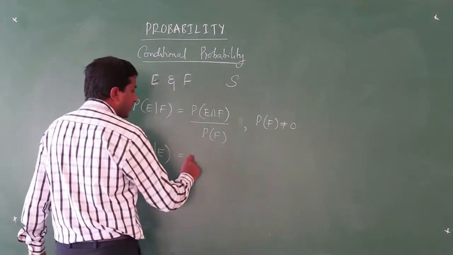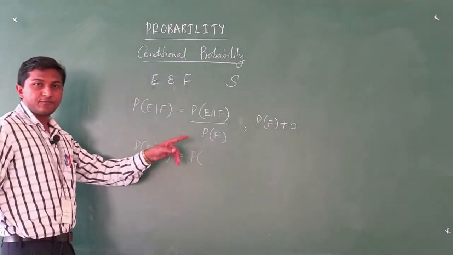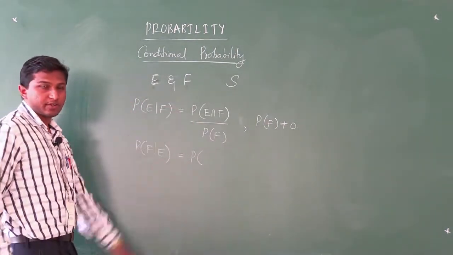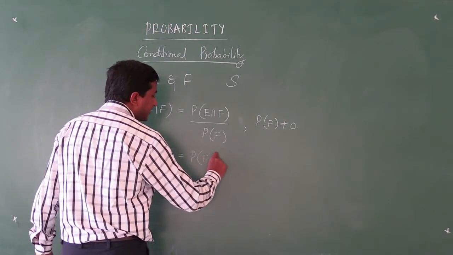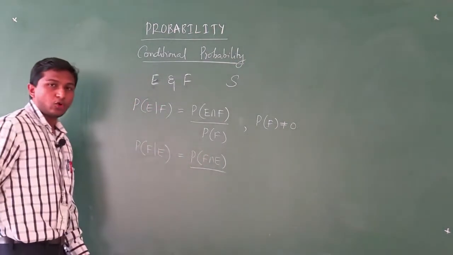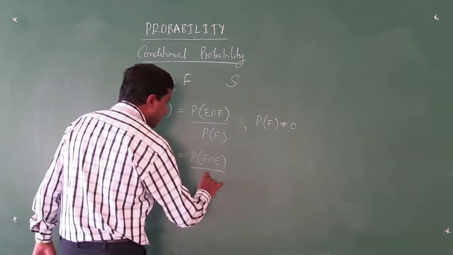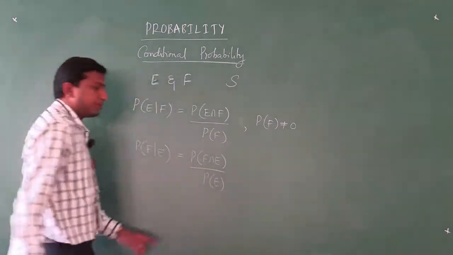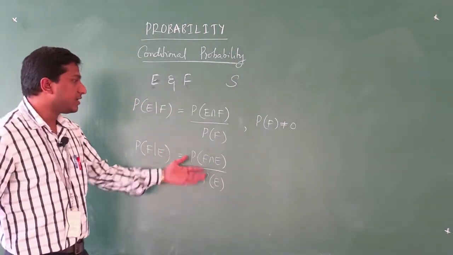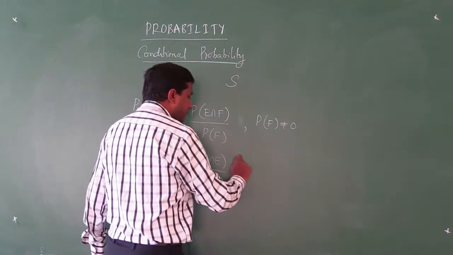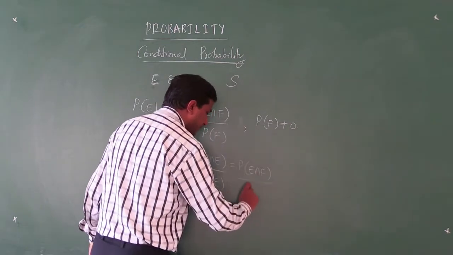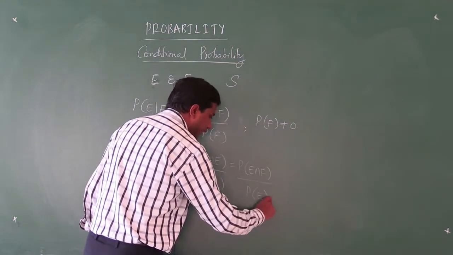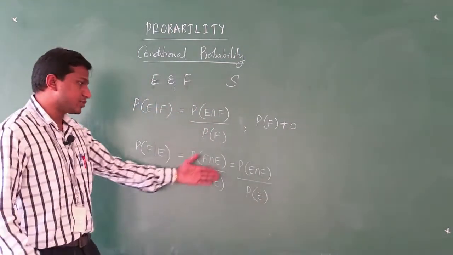In the same way, in the place of E we put F, and in the place of F we put E. So it is P of F intersection E whole divided by P of E. P of F intersection E can be written as P of E intersection F divided by P of E. Why is this so?